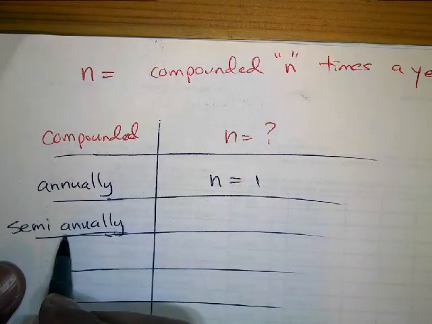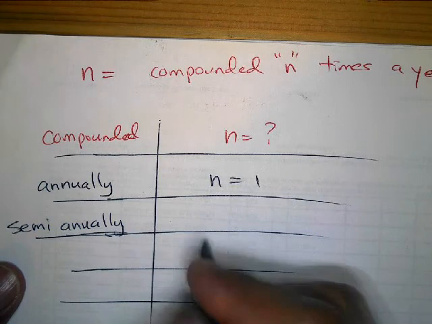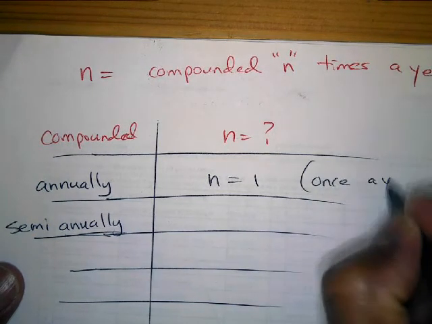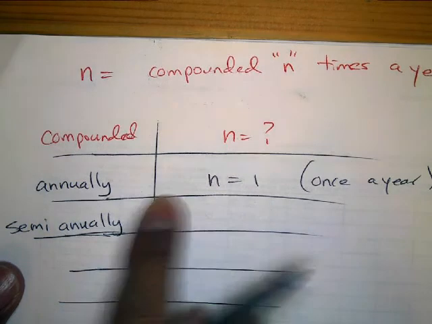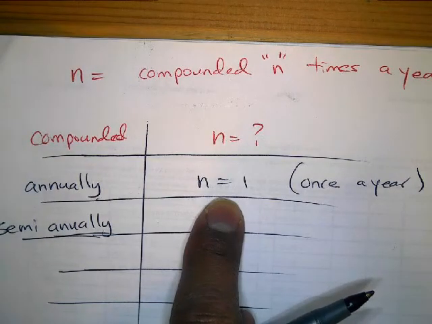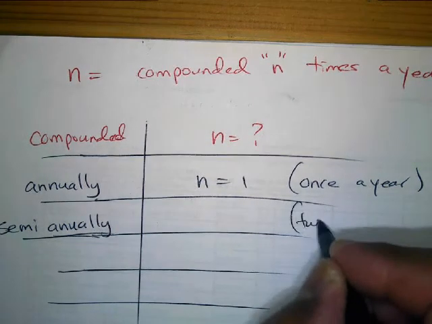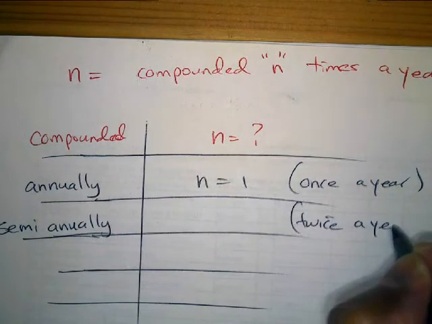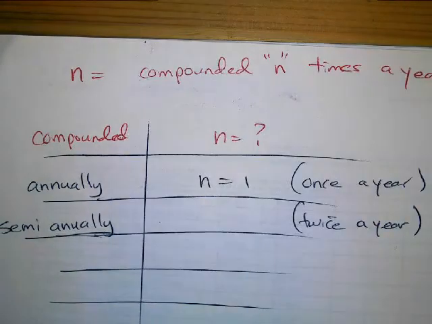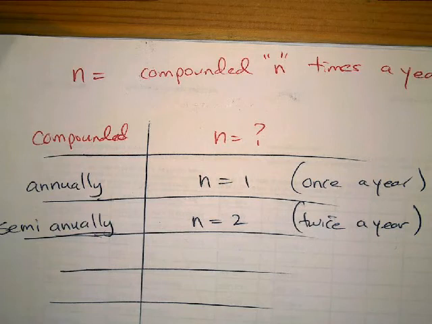Semi-annually means that it's compounded twice a year. When it's annually, it's once a year. When it's semi-annually, that's twice a year. So guess what's the value of N? How many times did I compound it in a year? Twice. N is equal to 2.